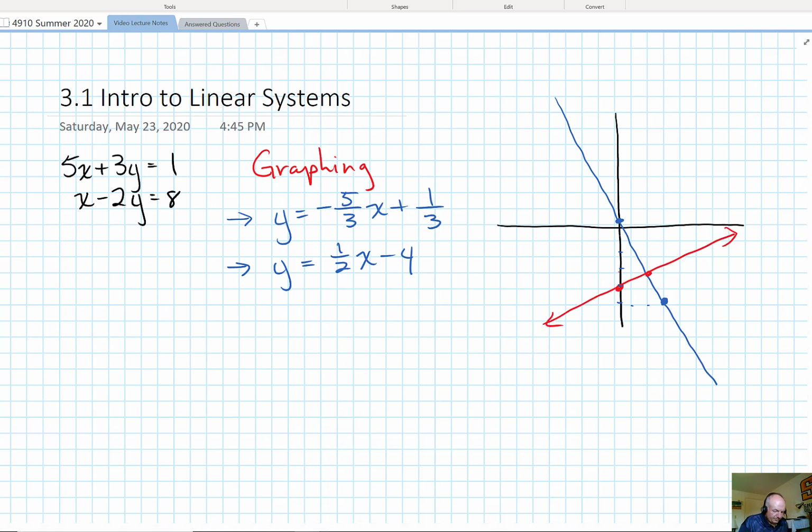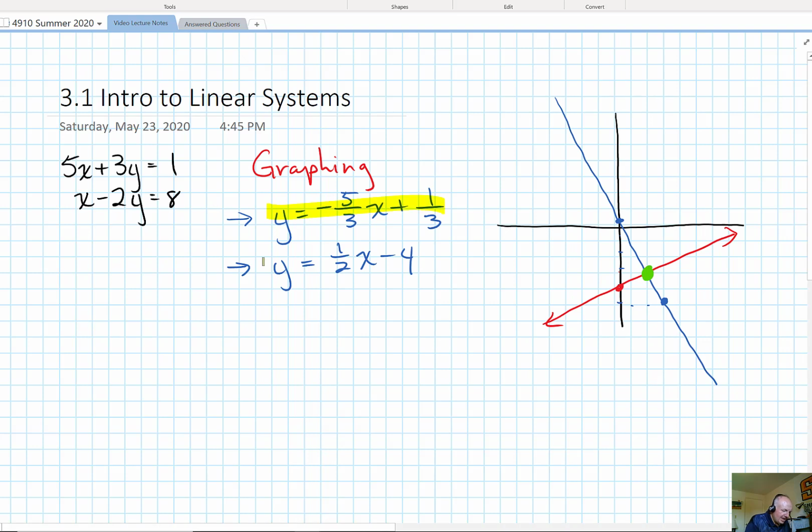And of course, the solution to the system will be the point of intersection, because when we graph an equation, all the points on that line are solutions to that equation.